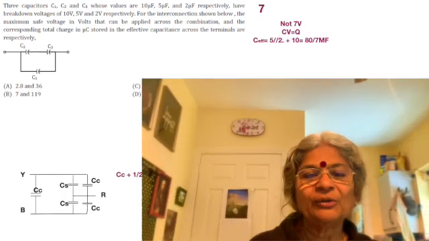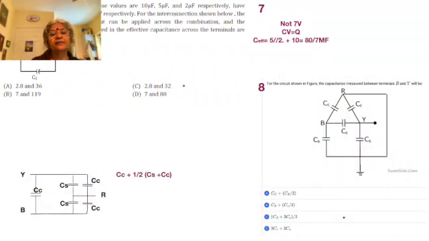Okay, moving on to problem number 8, where we see a practical situation wherein the cables, represented by R, Y and B, will have capacitances, and these capacitances are connected to each other in a similar configuration. Okay, so when you are given such a configuration, I suggest that you have a common line for R, a common line for Y and a common line for B, and then connect them together.